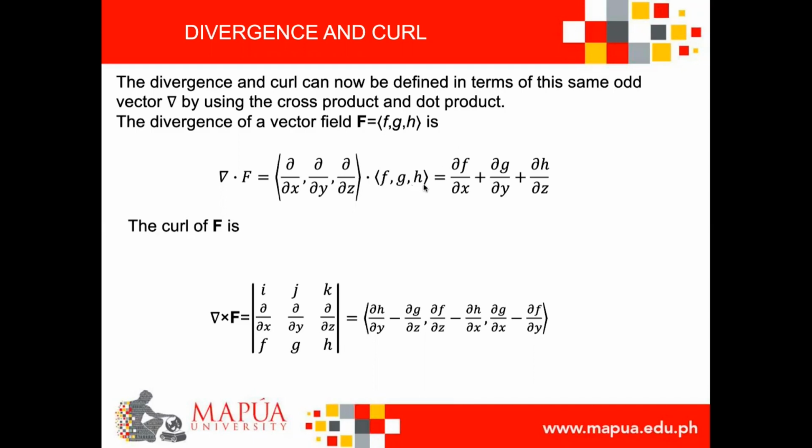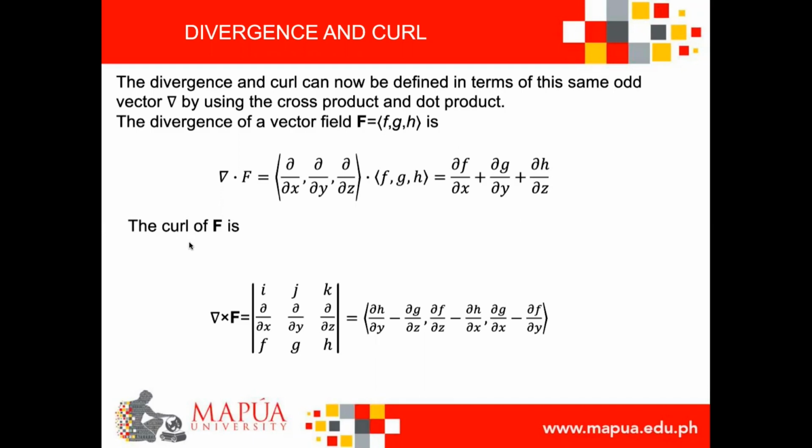Performing the dot product, we have the partial derivative of the function f with respect to x plus the partial derivative of the function g with respect to y plus the partial derivative of the function h with respect to z.